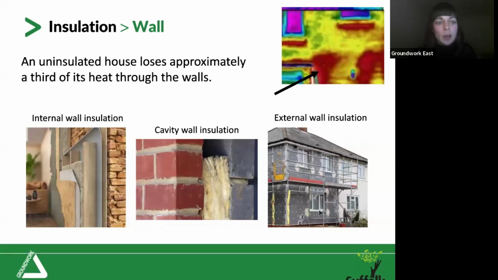And the last type, on the left-hand side, is internal wall insulation, which involves fitting rigid insulation boards to the walls internally, perhaps by building a stud wall or other type of wall, and then filling this in with insulation material.